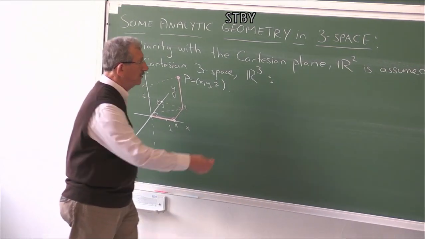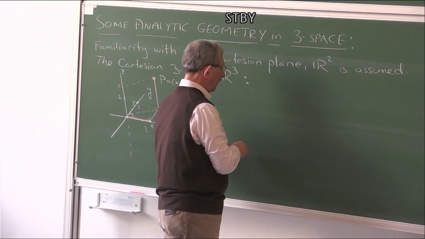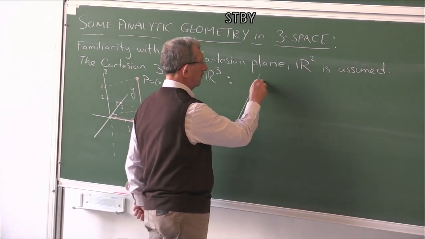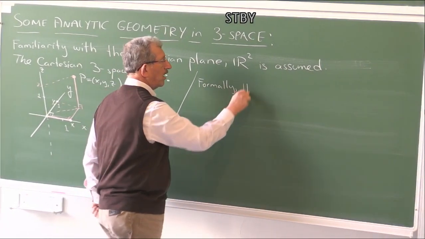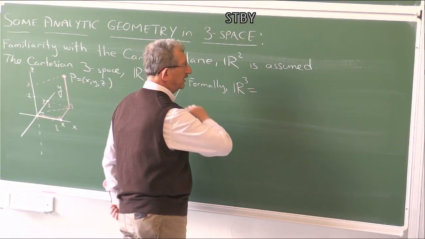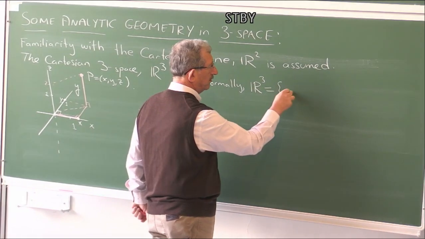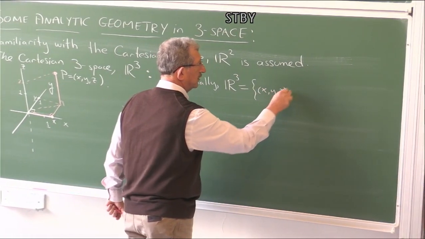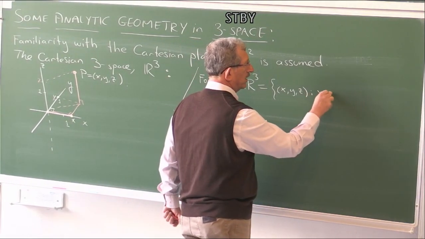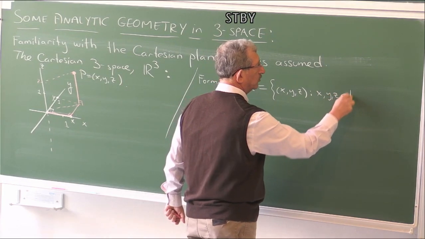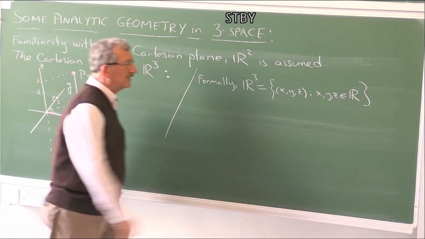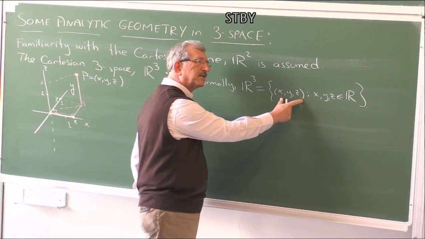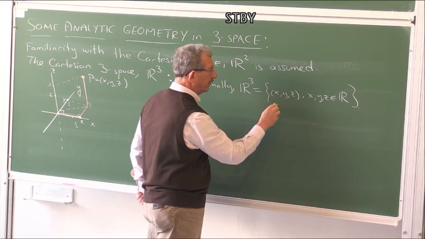Formally, R3 is the set of triples (x, y, z) where x, y, and z belong to R. This is not a set, but it's an ordered triple.